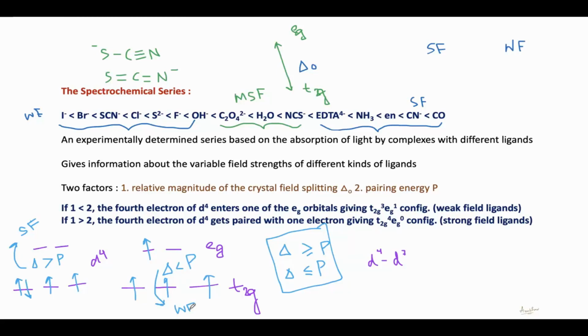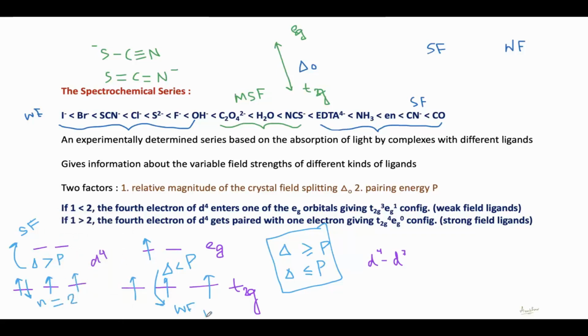So now we have come to the conclusion: when the ligand is a strong field one, then delta is greater than P. The fourth electron gets paired with one electron in the t2g level, giving the configuration t2g4. The number of unpaired electrons here is 2.